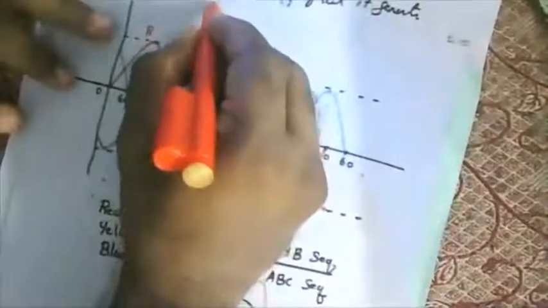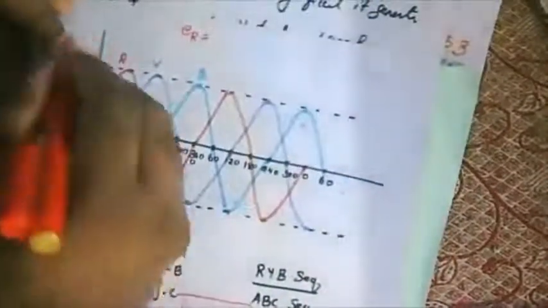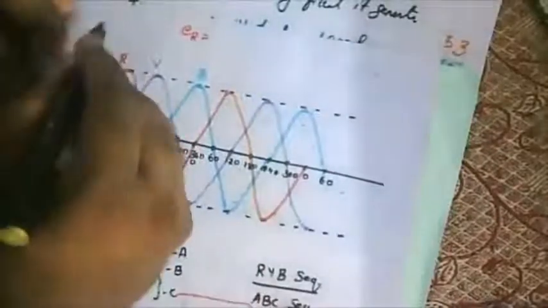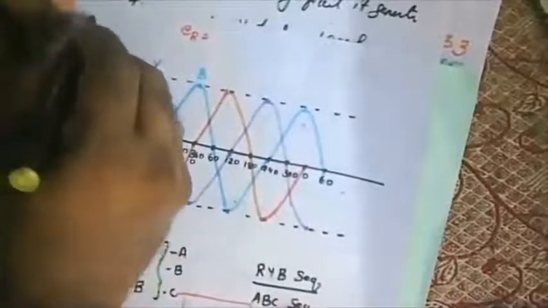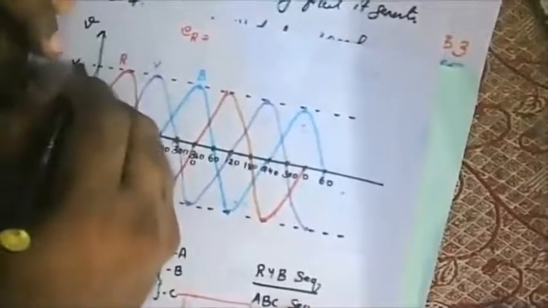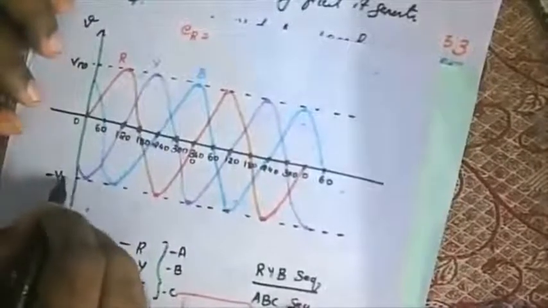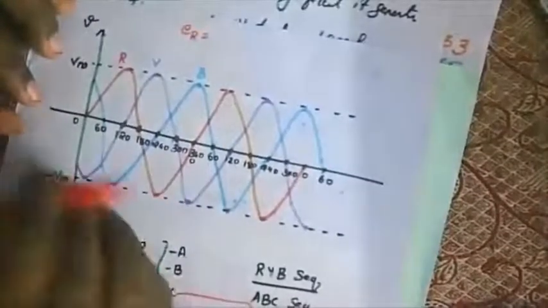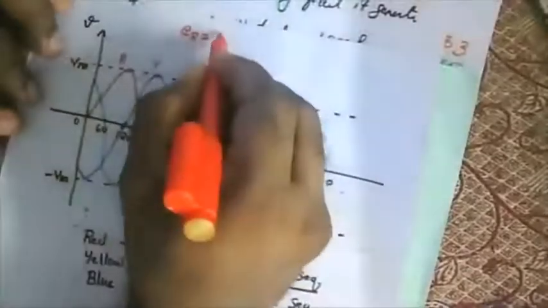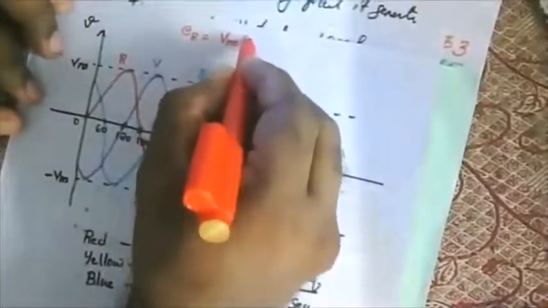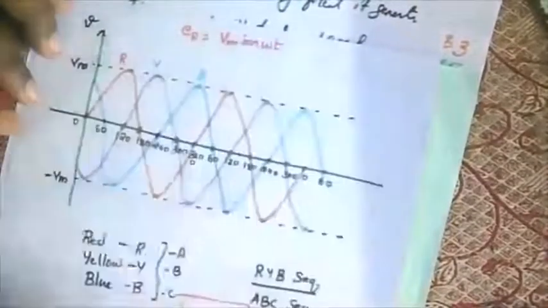For red, ER is equal to, if I assume this is a voltage wave, V, then this will be my Vm, this will be my negative Vm. So what will be the equation? It starts from 0, so it is Vm sine omega t.